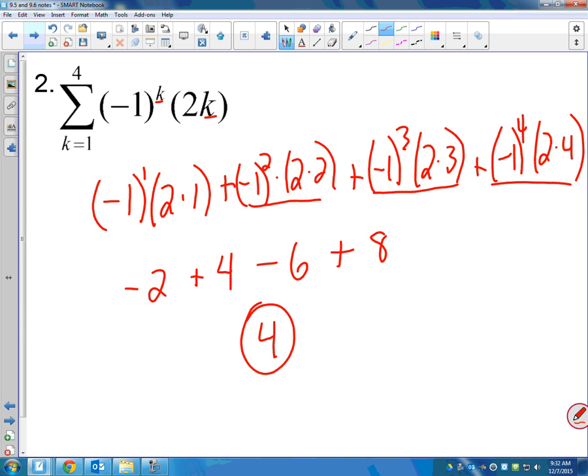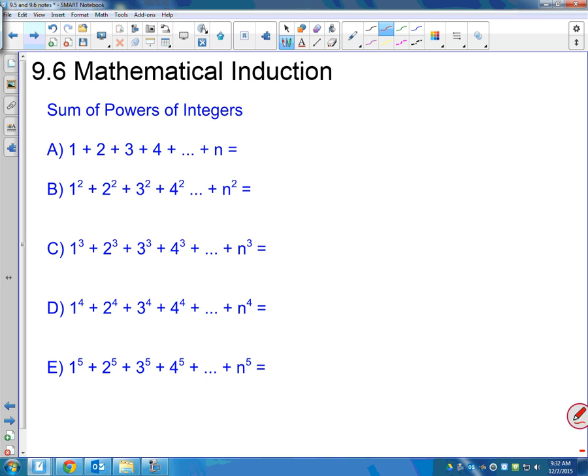So the next slide here, section 6 is called mathematical induction, which is actually a way to prove stuff, and we're going to talk about that in a minute. But before that, there's a formula that you can do if you want to add up consecutive integers. So if I just wanted to add up 1, 2, 3, 4 all the way to n, there's a formula for that.